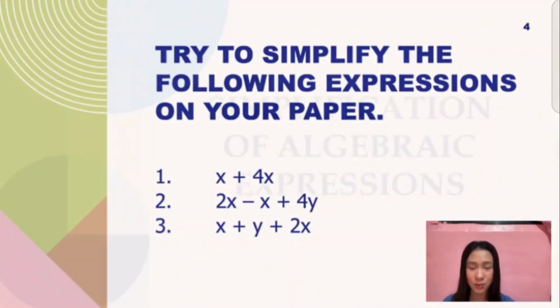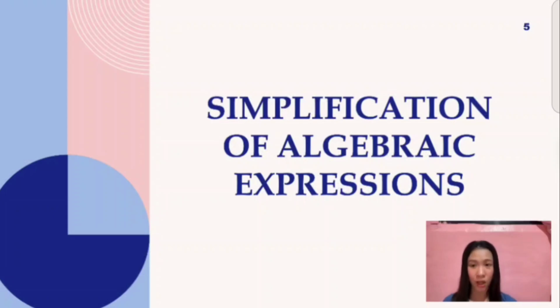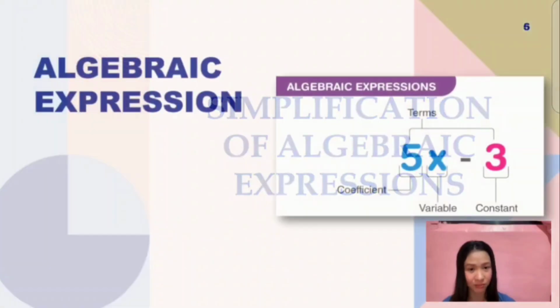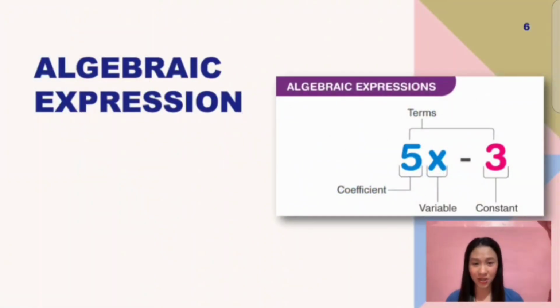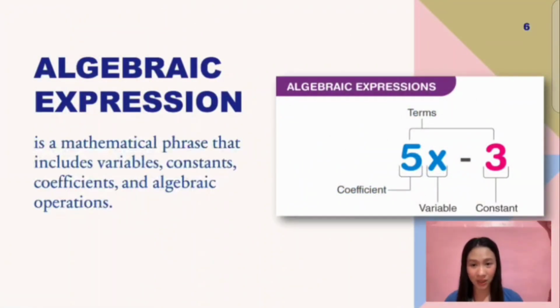Okay. Now, let's proceed to our new lesson, called the simplification of algebraic expression. Are you all ready? Do you have any idea what an algebraic expression is? An algebraic expression is a mathematical phrase that includes variables, constants, coefficients, and algebraic operations.